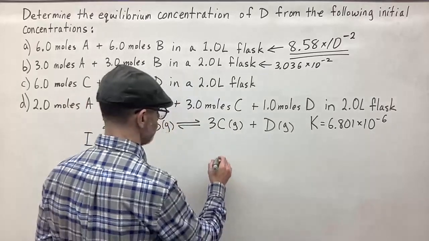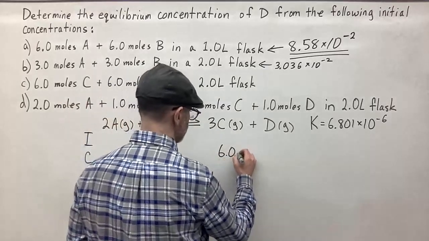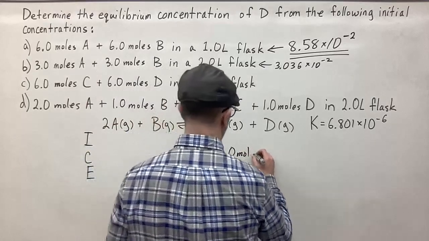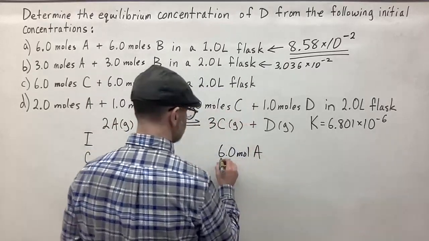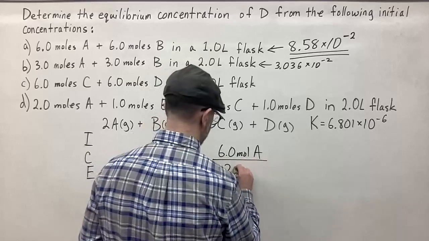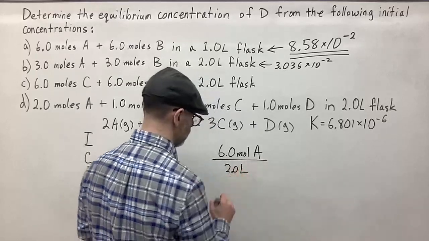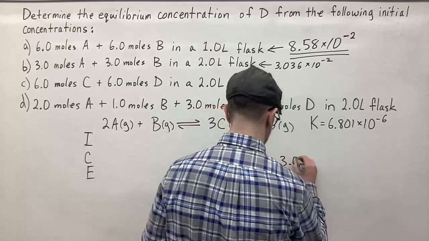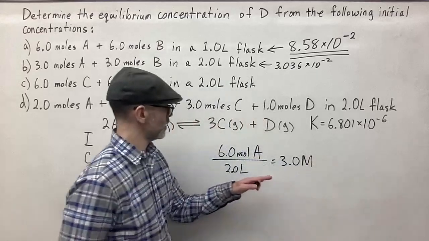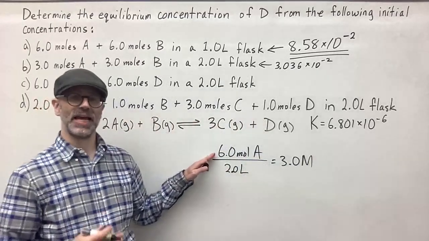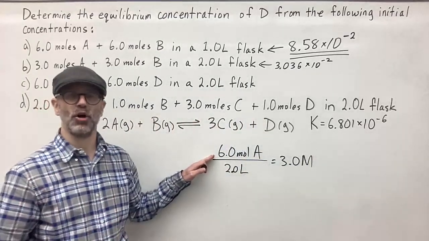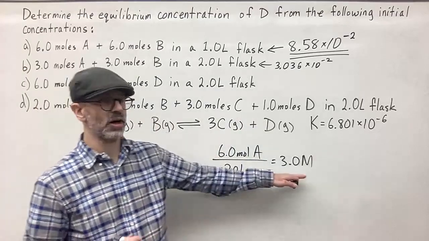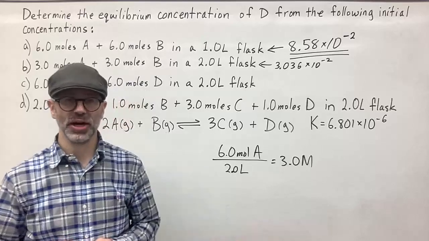We got 6.0 moles divided by 2.0 liters, and that's going to give you 3.0 molar. Since both have the same number of moles and the flask volume is the same, they're going to have the same concentrations.